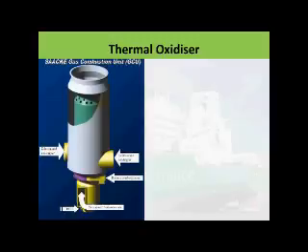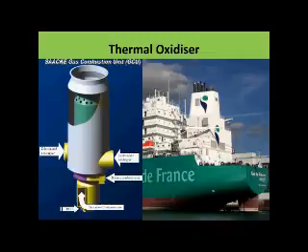This is where it is fitted, and of course it has dilution cooling air, primary combustion air, and secondary combustion air. Okay, and this unit does not require a lot of space. Our objective here is to make the planet greener.